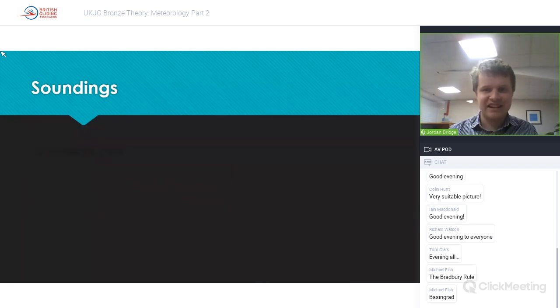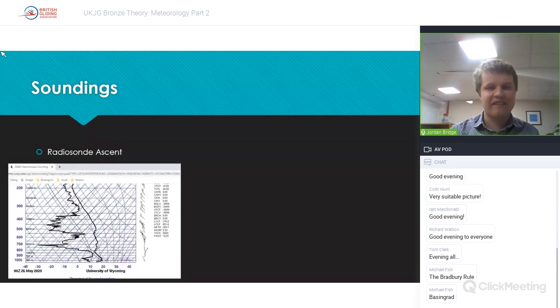Soundings. Okay, so we're going to have a look at what a sounding is and what goes on. So effectively, an actual sounding is when somebody sends a radiosonde, a weather balloon effectively, into the atmosphere high up. And it's done in certain places to make sure airliners don't come and hit it.